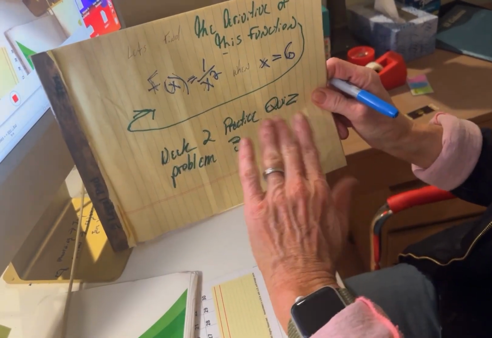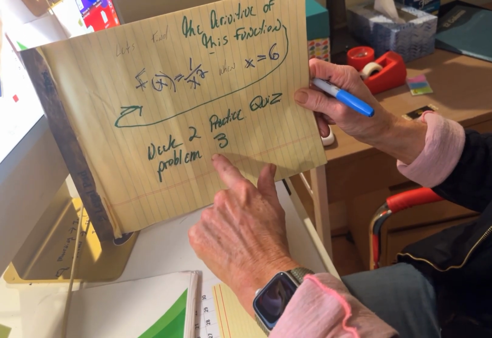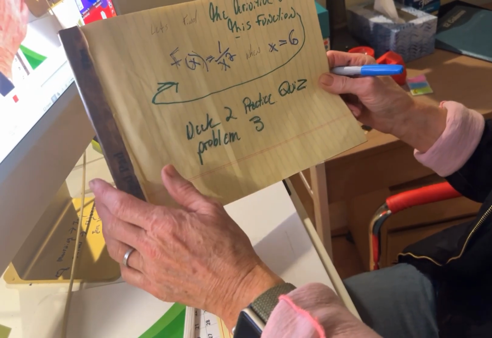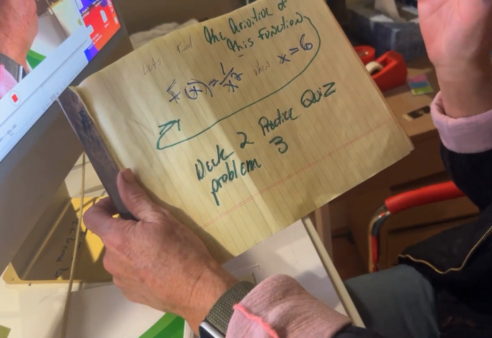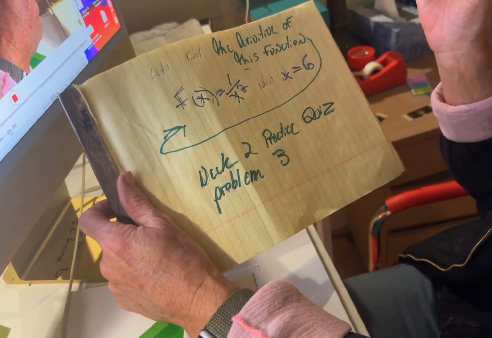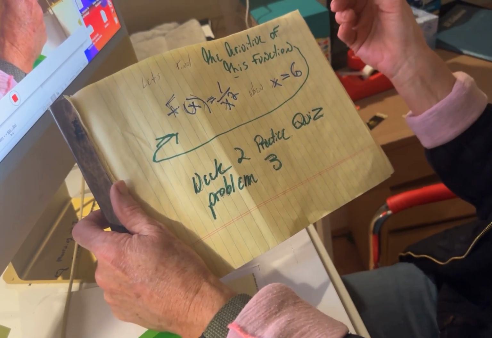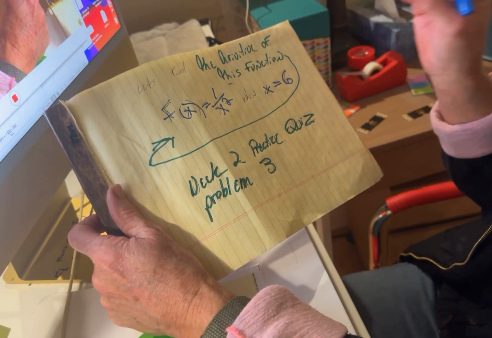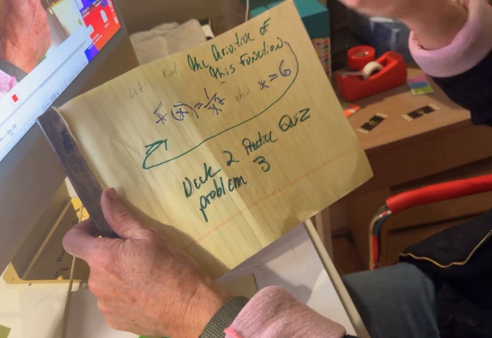This problem comes from the week 2 practice quiz, and it is problem number 3. So we know that the slope is the derivative at the given point. So let's find the derivative of this function.